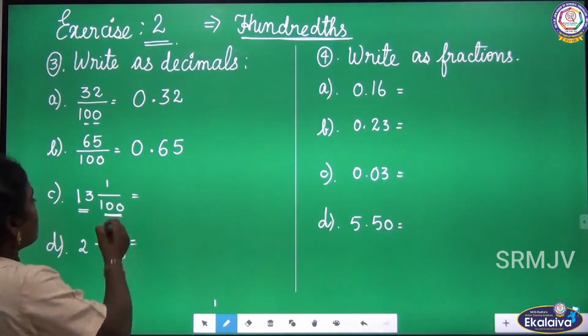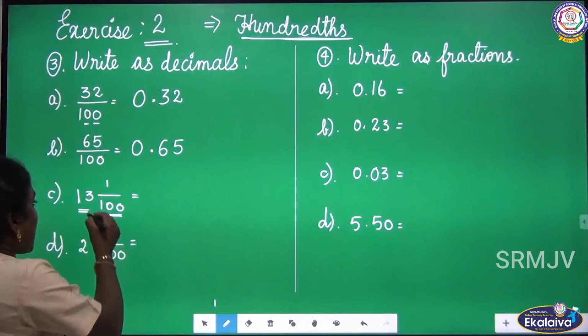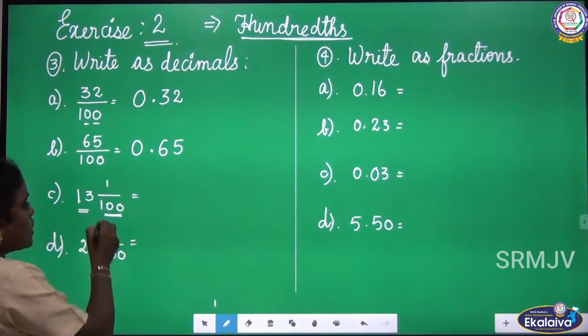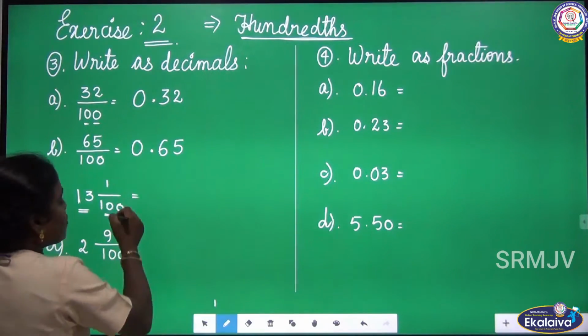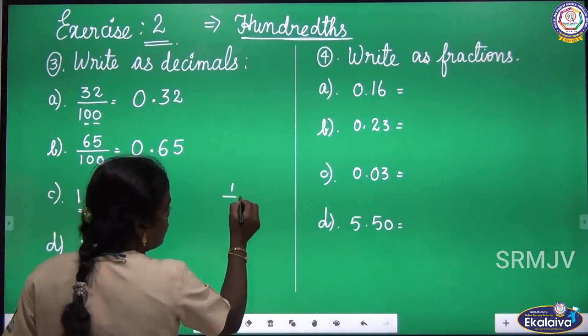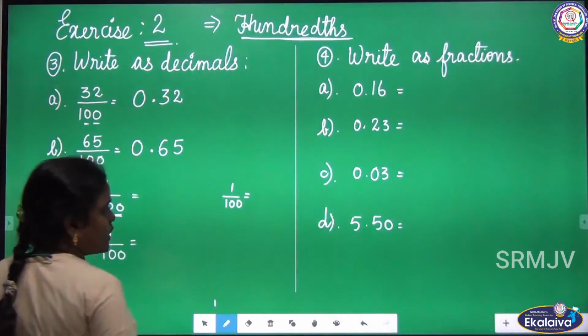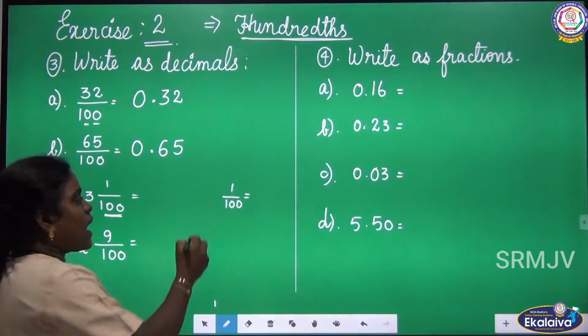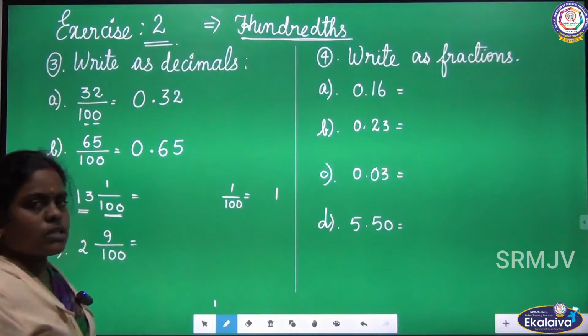In the next fraction, there is a whole number before the fraction. So 13 1 by 100 is the given fraction. Here we have a whole part that we should write in the whole number part. First we will convert 1 by 100 into a decimal. I have told you, you have to place the dot before 2 digits.